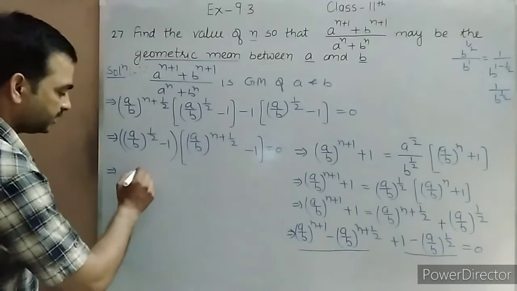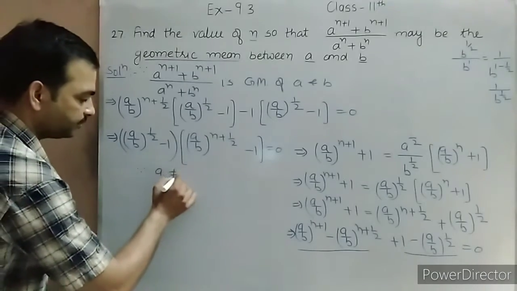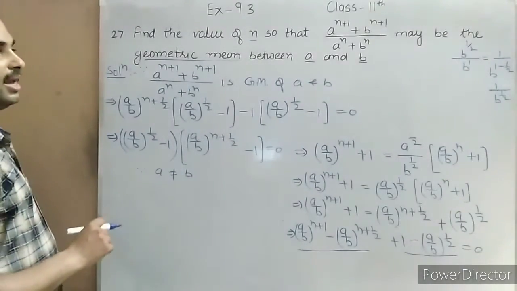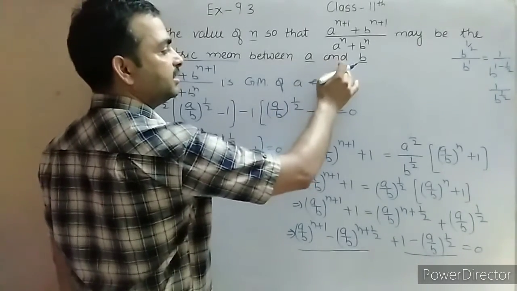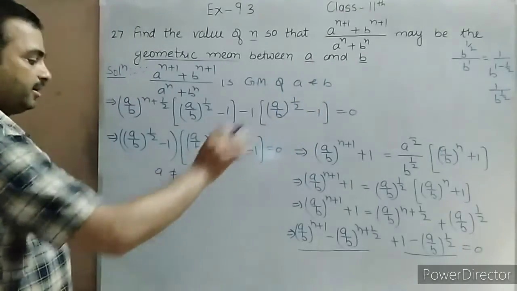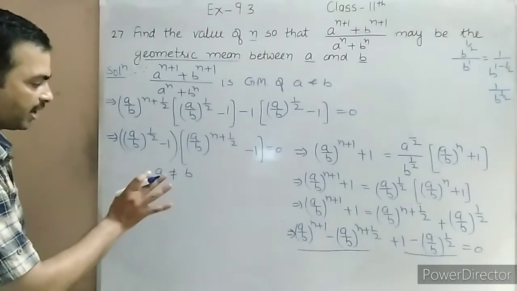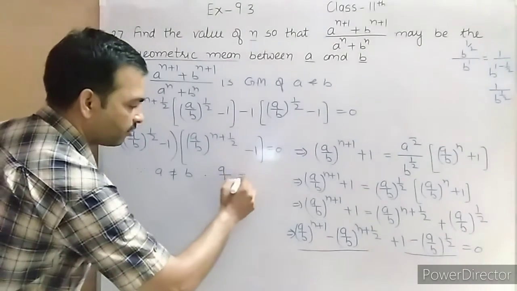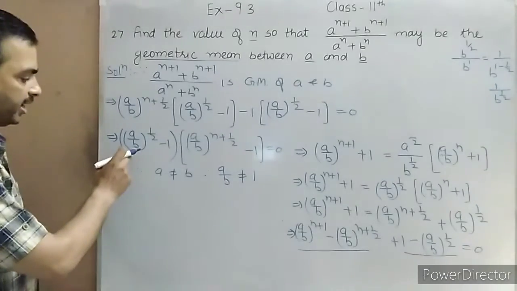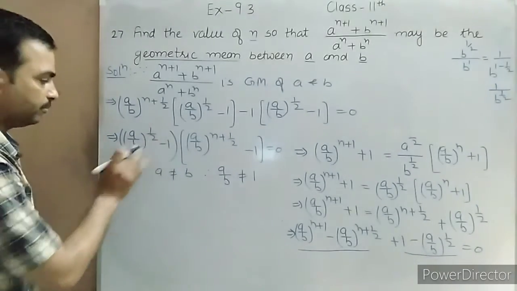Again, since a is not equal to b, since a and b are different, a/b cannot be 1, right? Therefore a/b is not equal to 1, so (a/b)^(1/2) minus 1 cannot be 0.